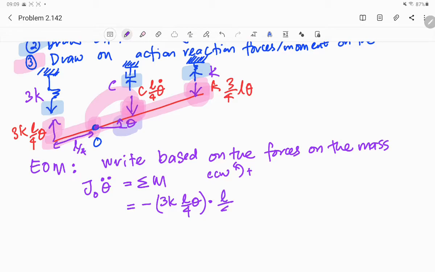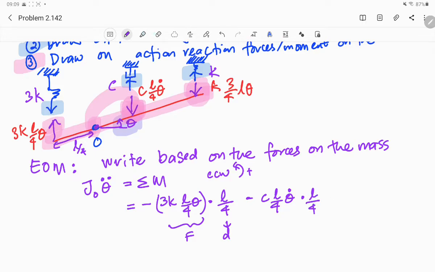So you have to multiply by L over 4, because it is in terms of moment. Then do the same for C L over 4 theta dot, and you multiply by the distance, which is also L over 4.